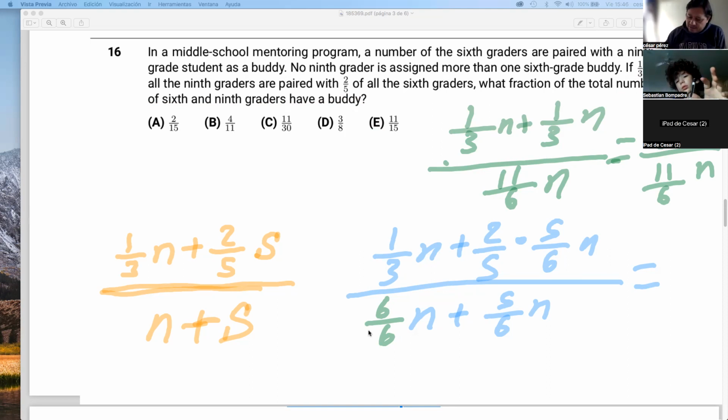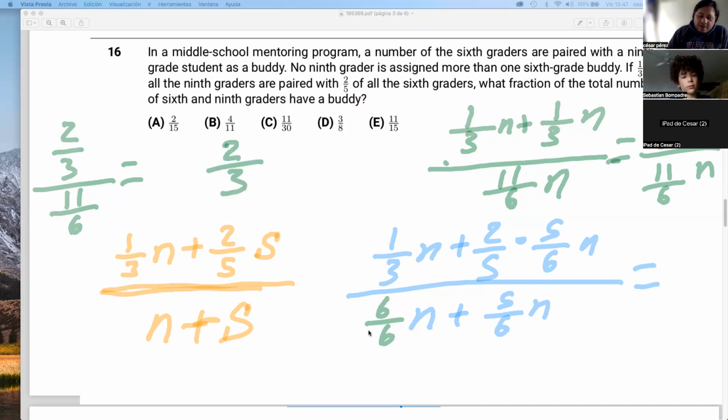Do you know how to make this? Okay. We need to divide 2/3 and 11/6. Okay. What will we get?